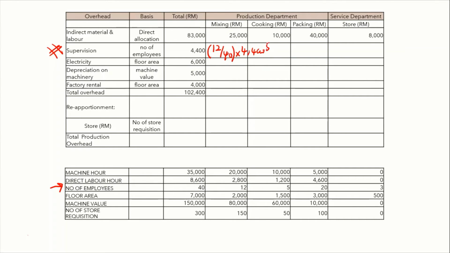Cooking applies only 5 over 40, then you times with the total amount 4,000. The same with packaging. They apply 20 over 40 times the total amount of the cost. And for store, you can see that 0. So there's only 0 here. So you will gain an amount for each respectively.